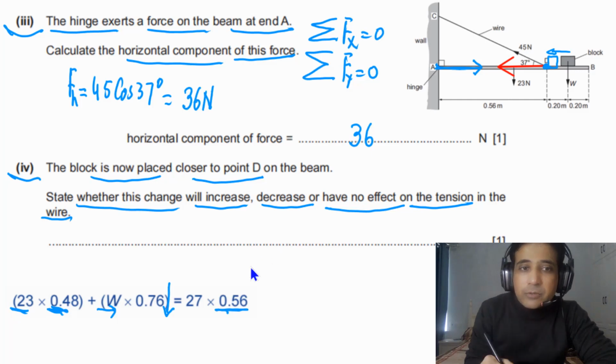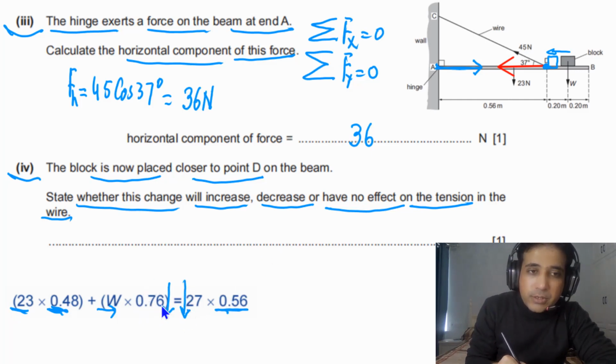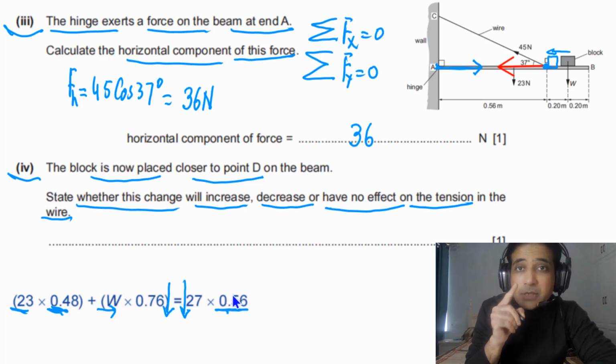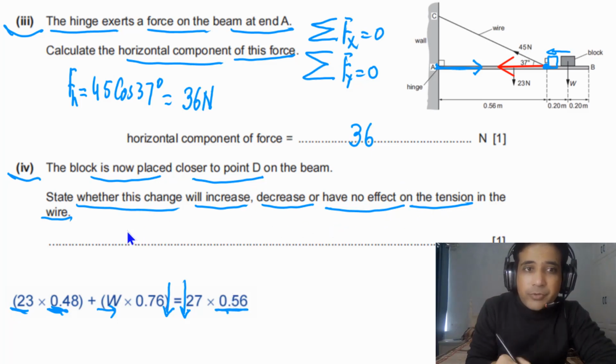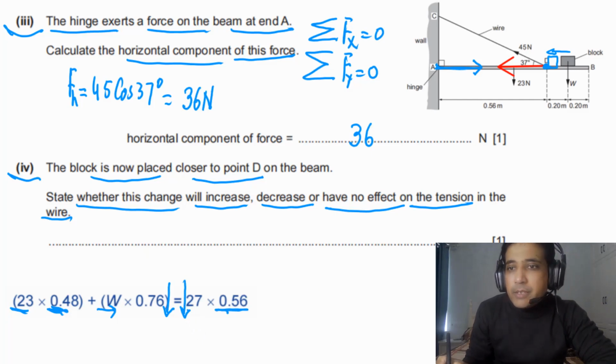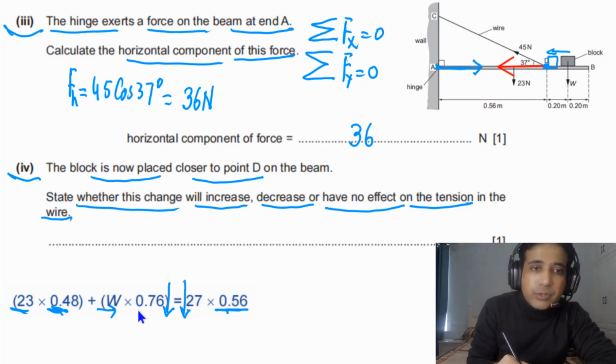So it means this force has to decrease because this distance decreased, so this force has to decrease because the distance of this force from the pivot does not change. So it simply means that in this case, tension in the wire will decrease. So simply you can see from here, tension in the wire has to decrease because this distance has been decreased.